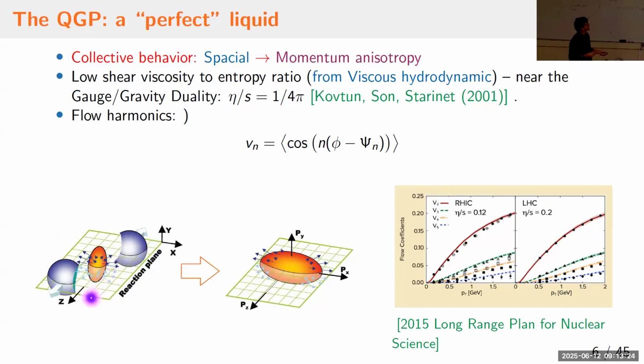As you can see here, you have peripheral interactions, not head-on interactions, where you produce this almond-shaped form of matter. Initially, the momentum distribution is isotropic, but due to collectivity and final state interactions, this isotropic momentum distribution becomes anisotropic, and you have higher momentum particles flowing along the reaction plane as opposed to perpendicular to the reaction plane.